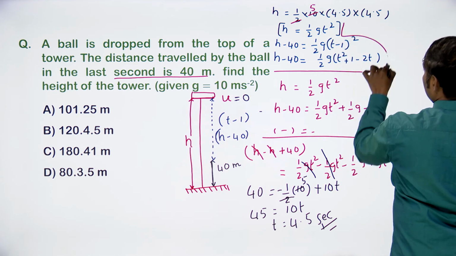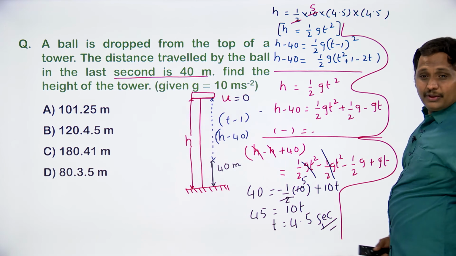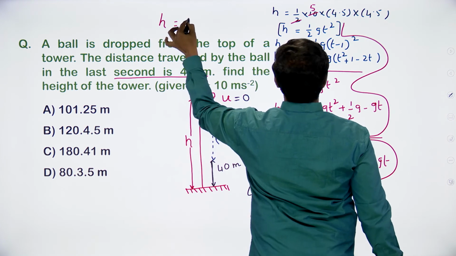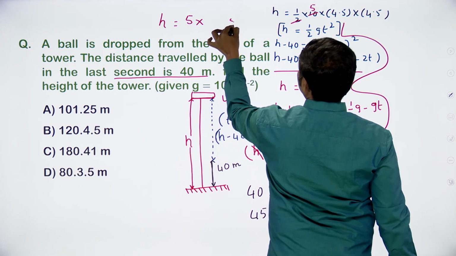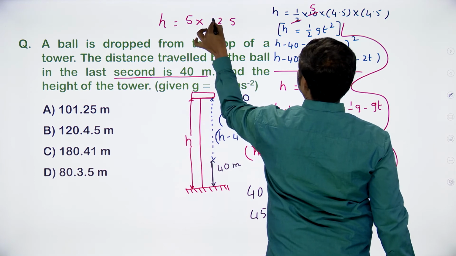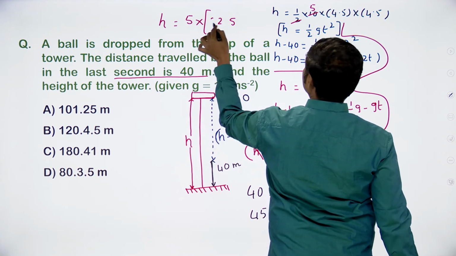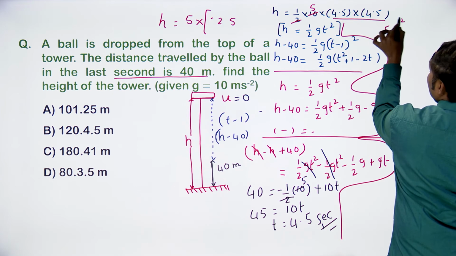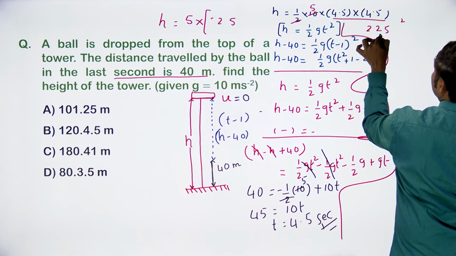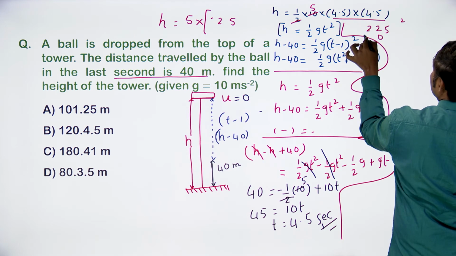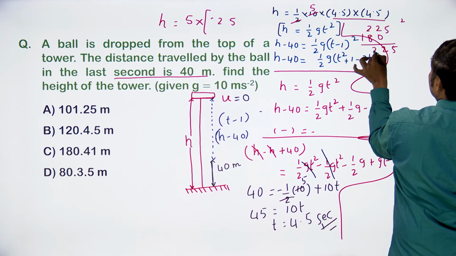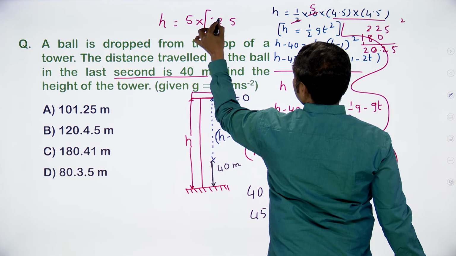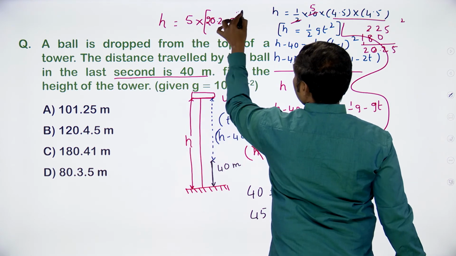If you are going to have this value, let us see. Therefore, h is equal to 5 into 20.25, yes, it is very clear, 20.25 into 5.